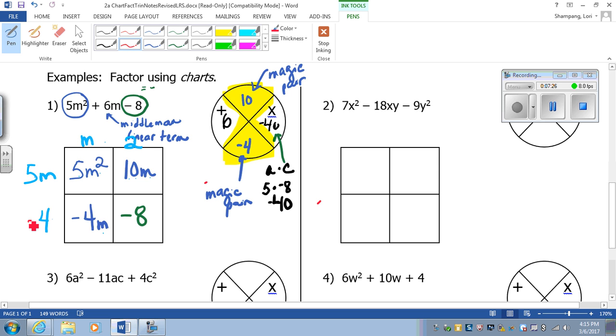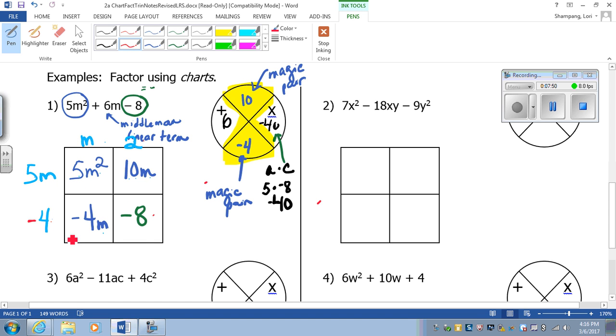So what I've done is I've pulled out the common factors from each pair. We have each row, 5m squared plus 10m, the common factor was 5m. Negative 4 was a common factor for the second row, negative 4m minus 8. And then we did the same thing going down.